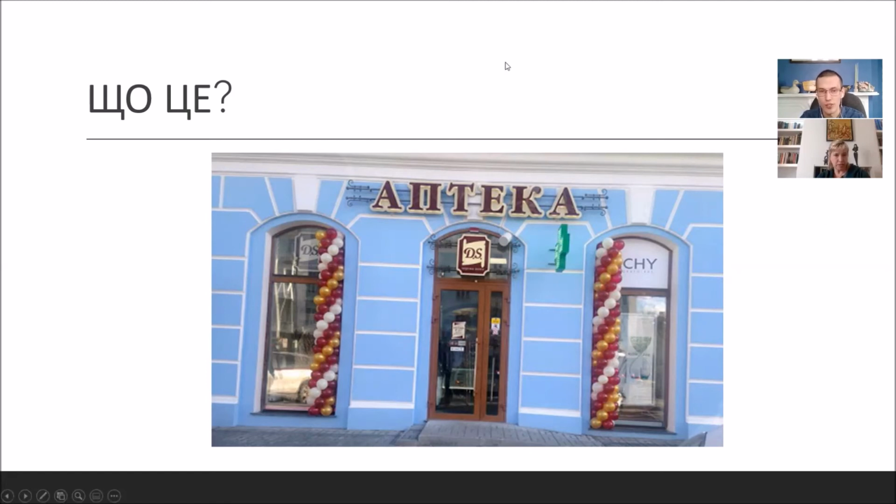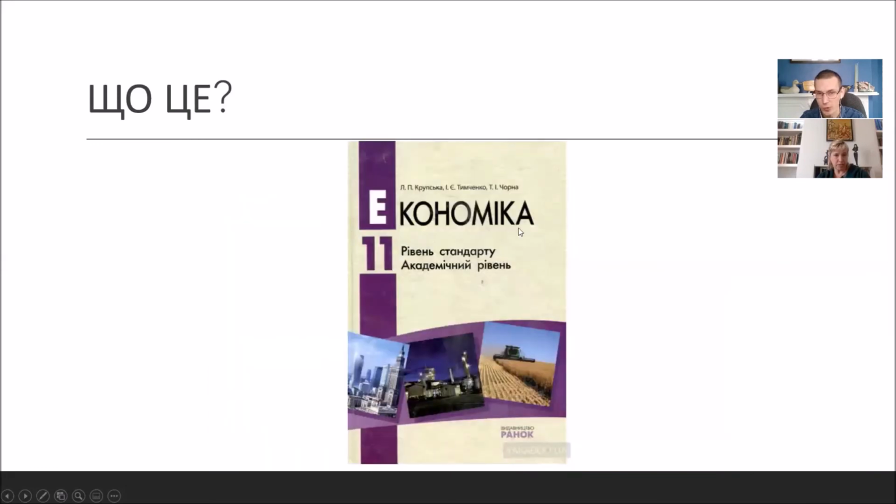Now let's try to do the other word. So there is a textbook. Can you guess what it is? So what is this? Yeah. So it's e, k, o, n, o, m, i, k, a.